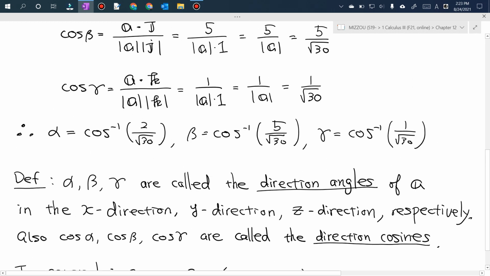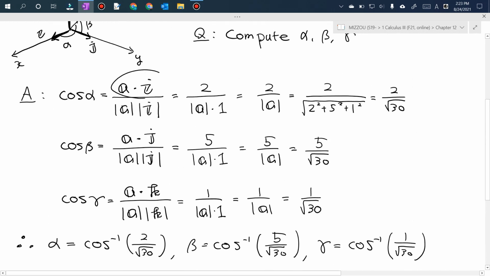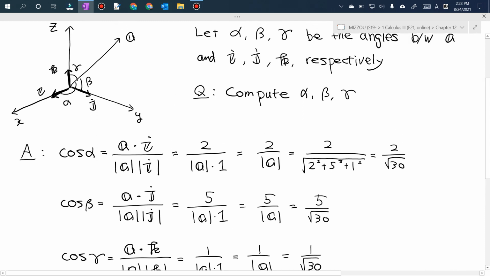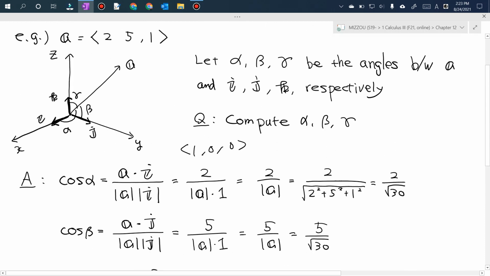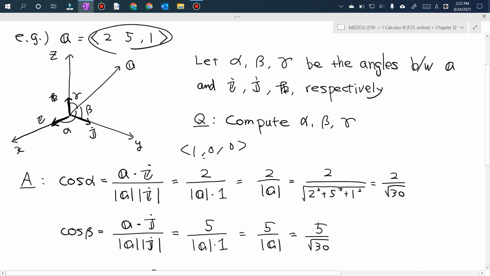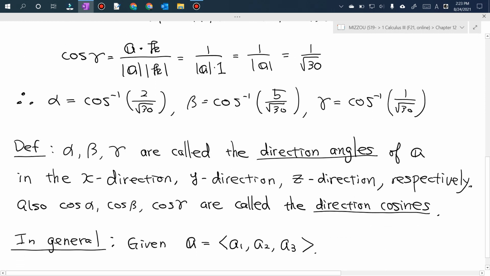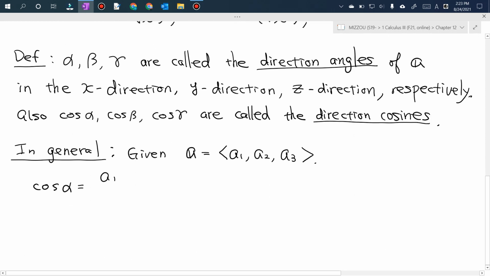Well, remember the way to get cosine alpha is to take the dot product of A with i, but i is 1, 0, 0. If you take the dot product of 1, 0, 0 with this one, what you get is basically the x component. And moreover, the magnitude of i is 1. So in general, what you get is A1, the x component of the vector A, divided by its magnitude. And cosine beta is A2 divided by the magnitude of A.